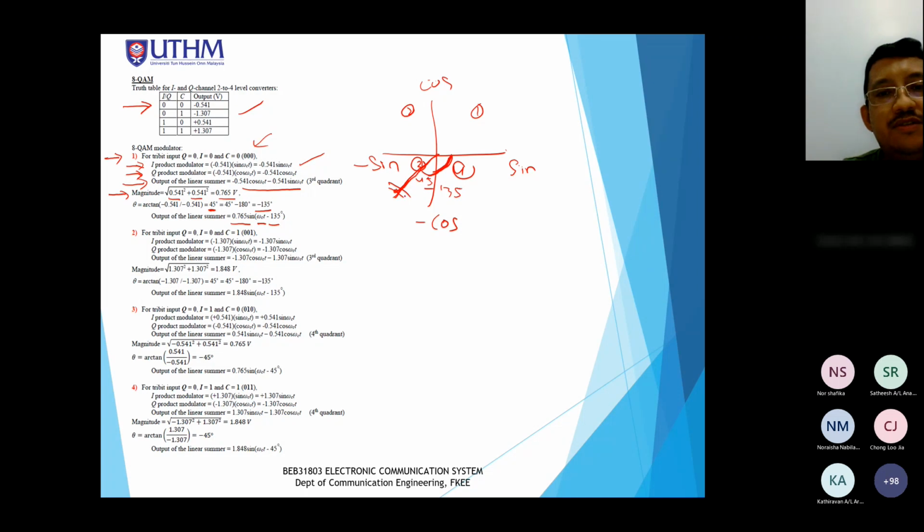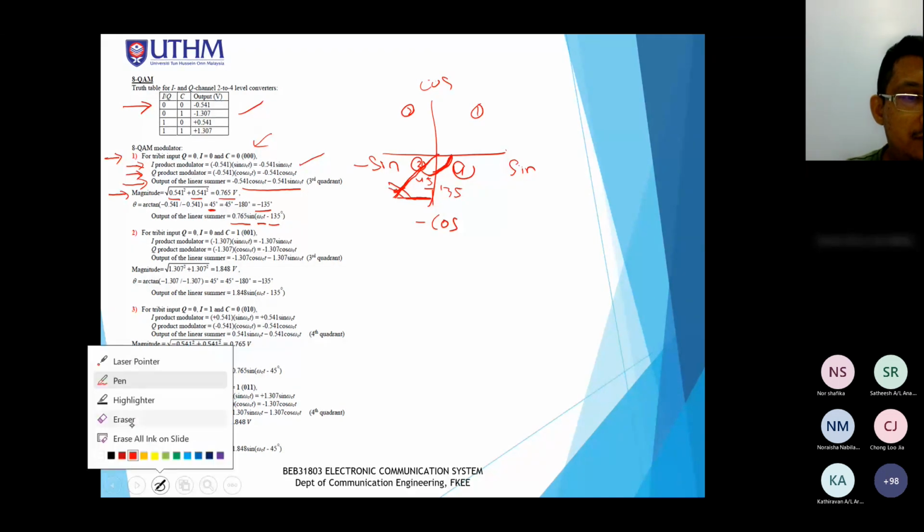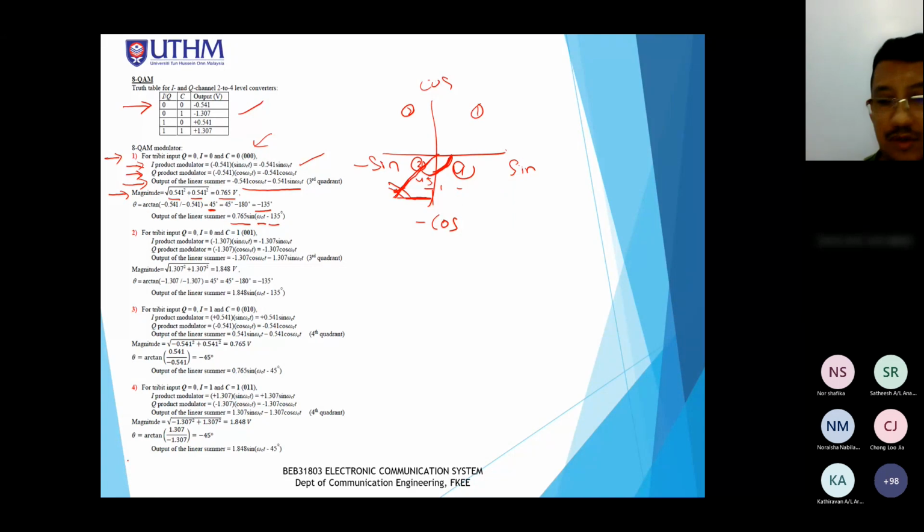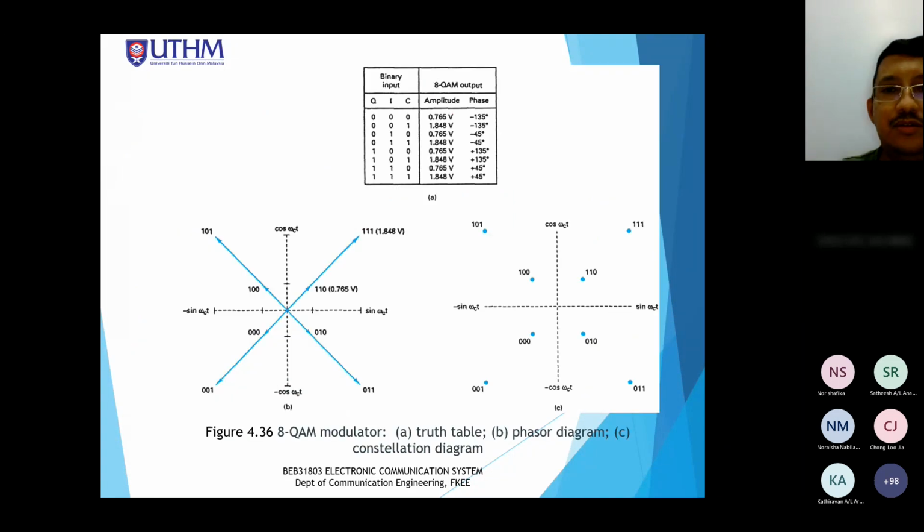So the amplitude here is 0.765. If you see from the phasor diagram, it will be over here, for input 0, 0, 0.